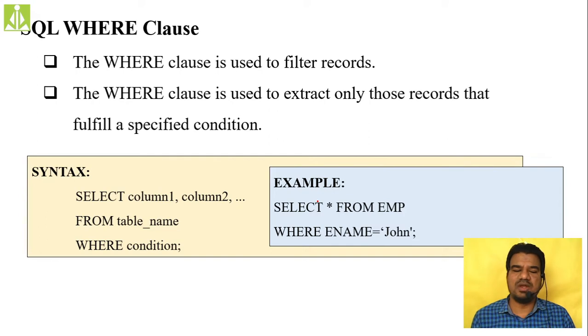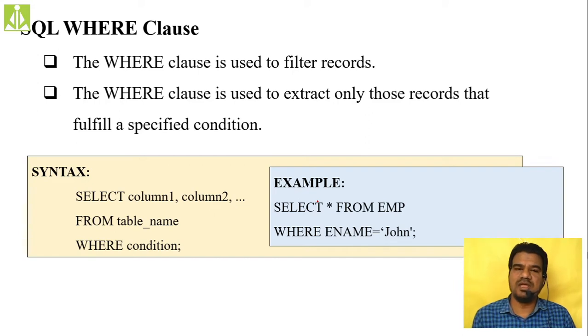How is the SQL WHERE clause helpful? The SQL WHERE clause is used to filter the records. Filtering is nothing but selecting the desired ones from all the records. To select the desired records we generally filter them, in your MS Excel.